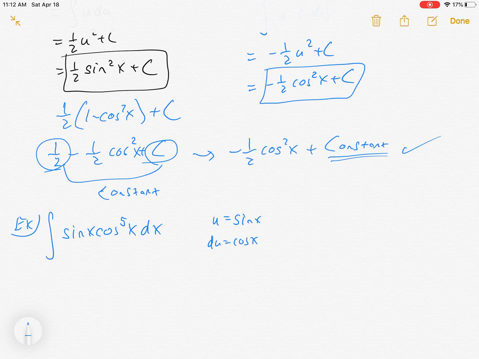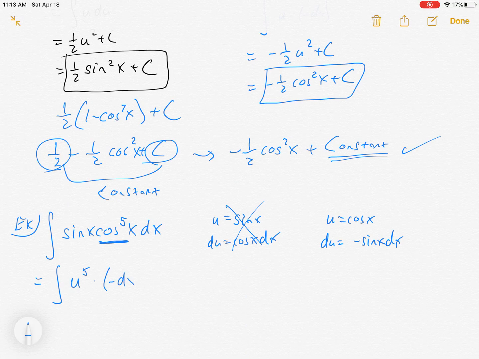So that's out. U is either cosine x or sine x. Let's explore. If u were sine x, du would be cosine x, and you'd have 4 extra cosines laying around. Doesn't work. If u were cosine x and du were negative sine x, that's actually going to work.